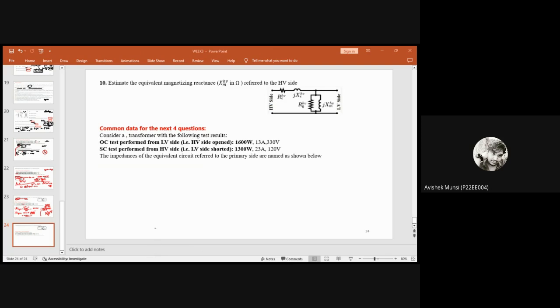I'm giving 2 minutes. The HV side voltage is even the same, that is 4400. You can be given whether you have 4400, or you have to calculate it through the parameters.